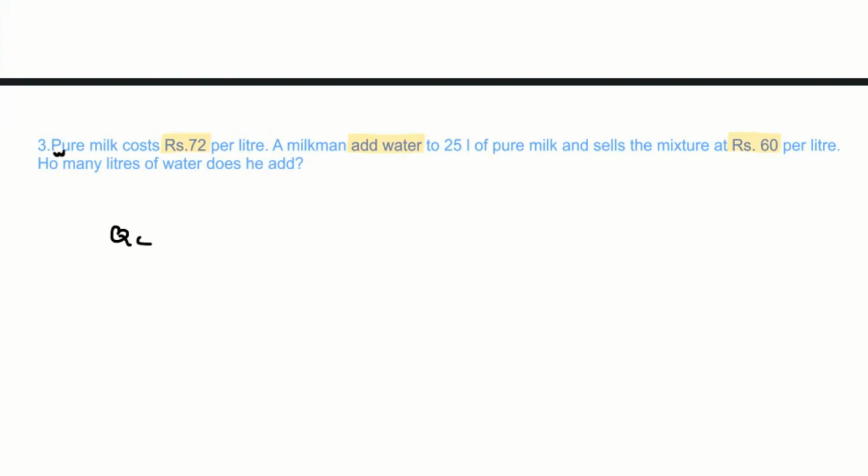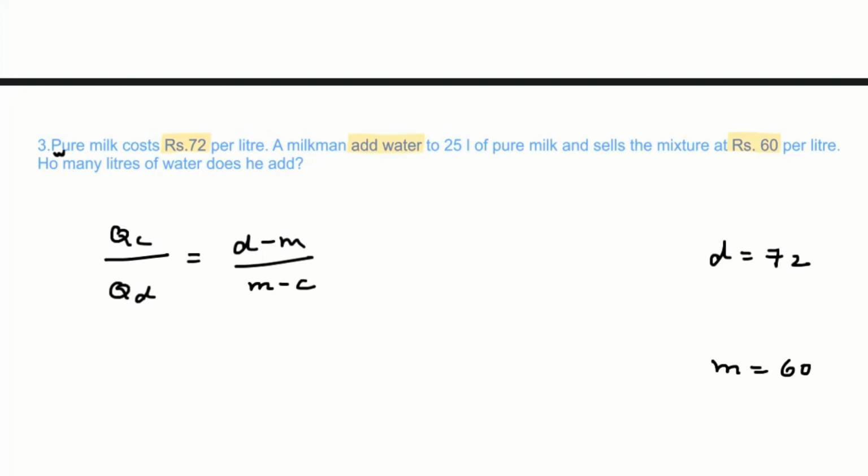So quantity of cheaper by quantity of dearer is D minus M by M minus C. Here milk is costly, it is 72 rupees, and the mean price is 60 rupees. He is mixing two varieties, one is milk and the other is water.